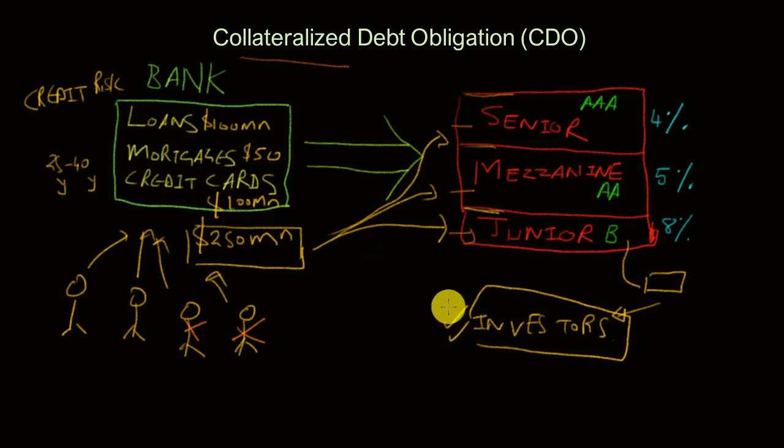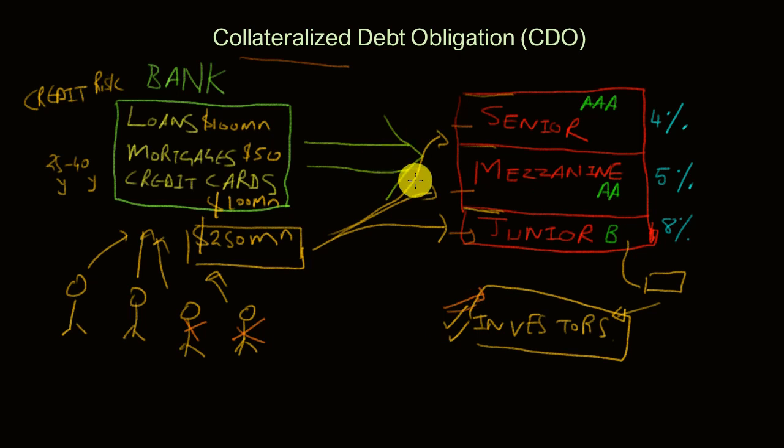Now some investors are attracted to these kinds of products because they provide a higher return compared to a traditional investment. So these are collateralized debt obligations, which are a very popular way of transferring credit risk. You can see that by using collateralized debt obligations, a financial institution can transfer all their credit risk to investors.